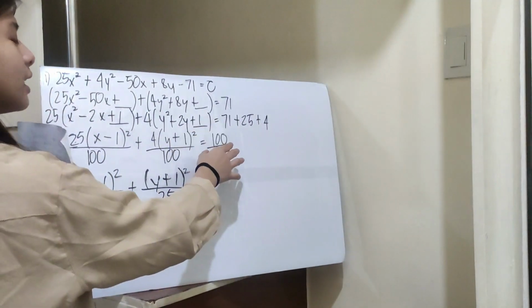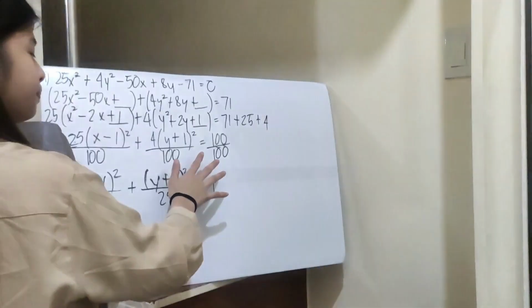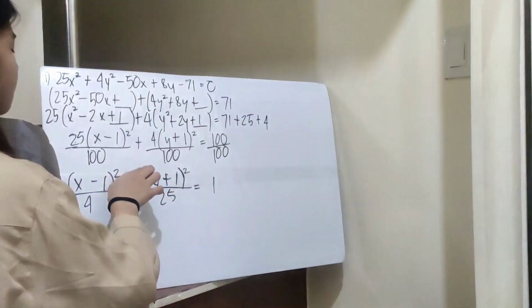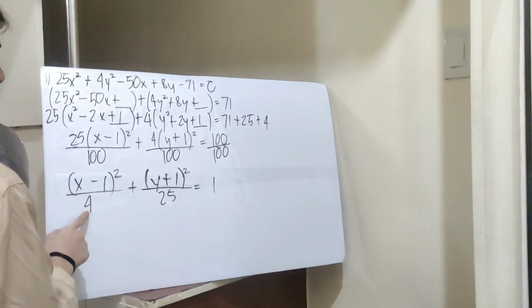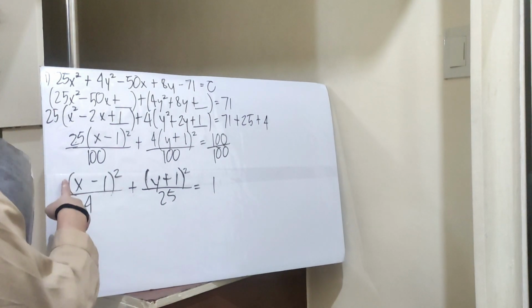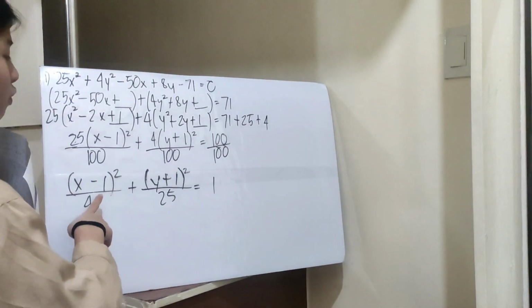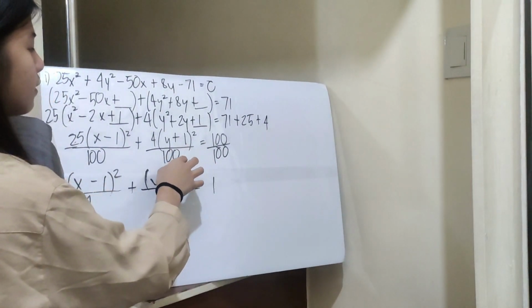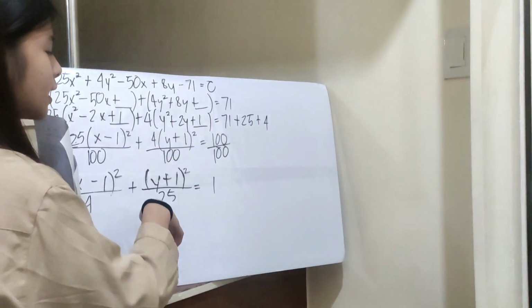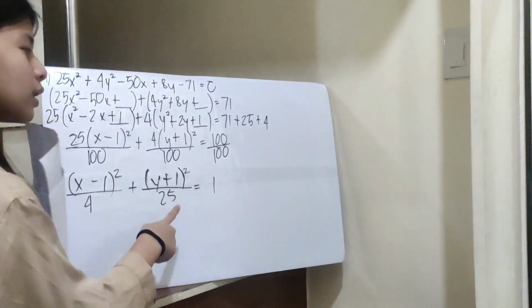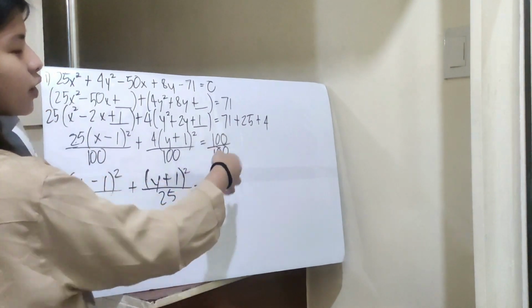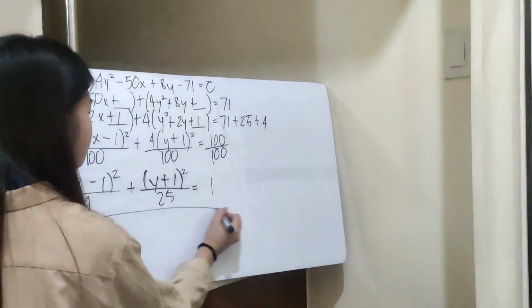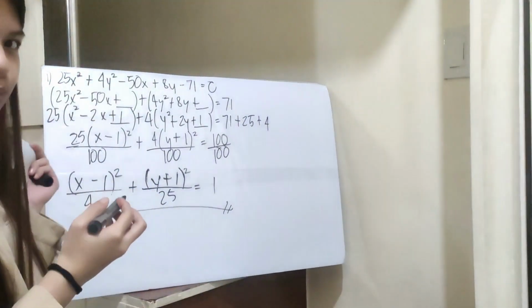And then we will divide both sides by 100, and from there we can get the standard equation of an ellipse by simply dividing 100 by 25, which will be x minus 1 quantity squared over 4, and then for the y coordinate, we will divide 100 by 4, which will be y plus 1 quantity squared over 25 equals 1, since 100 divided by 100 is 1. And that's how we get the standard equation of an ellipse.